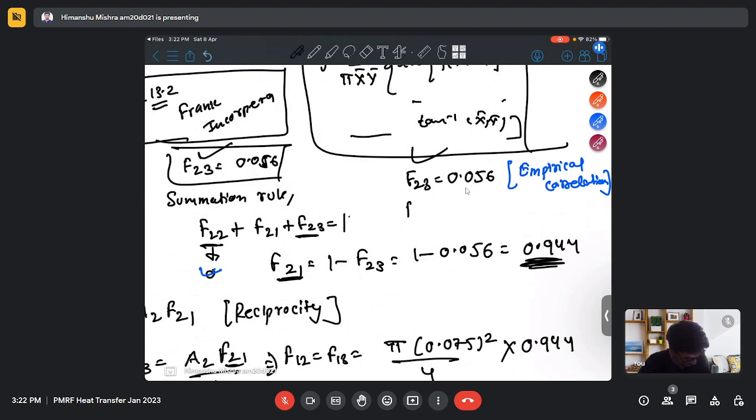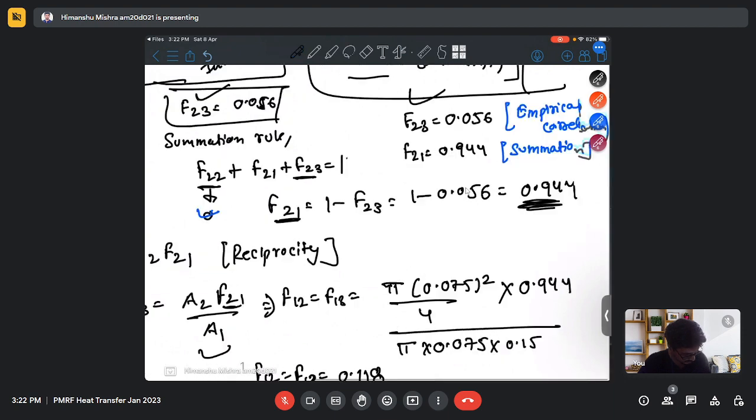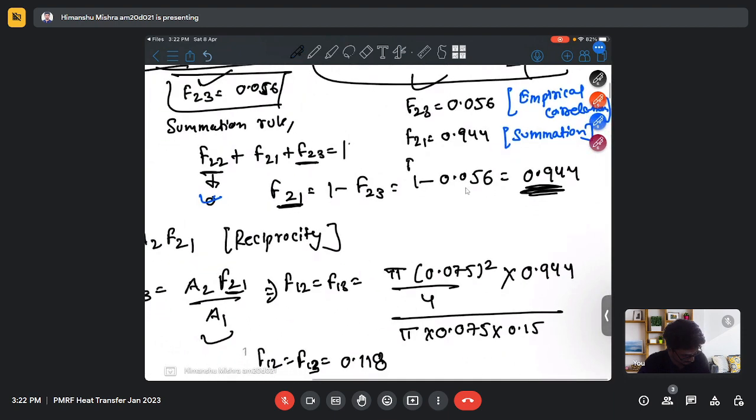Then we found the shape factor F21, which is 0.944, which we get from the summation rule. And the shape factors F12 and F13, which are 0.118, we found from the symmetry and reciprocity.